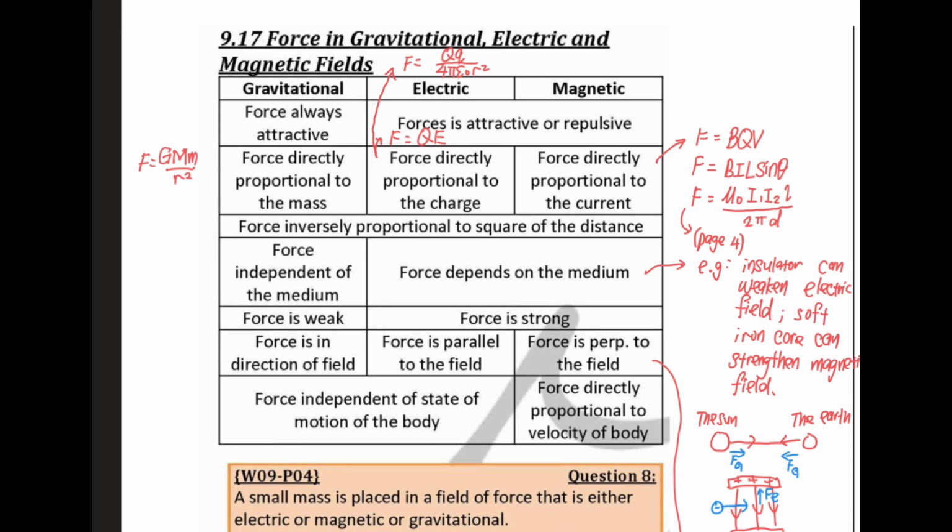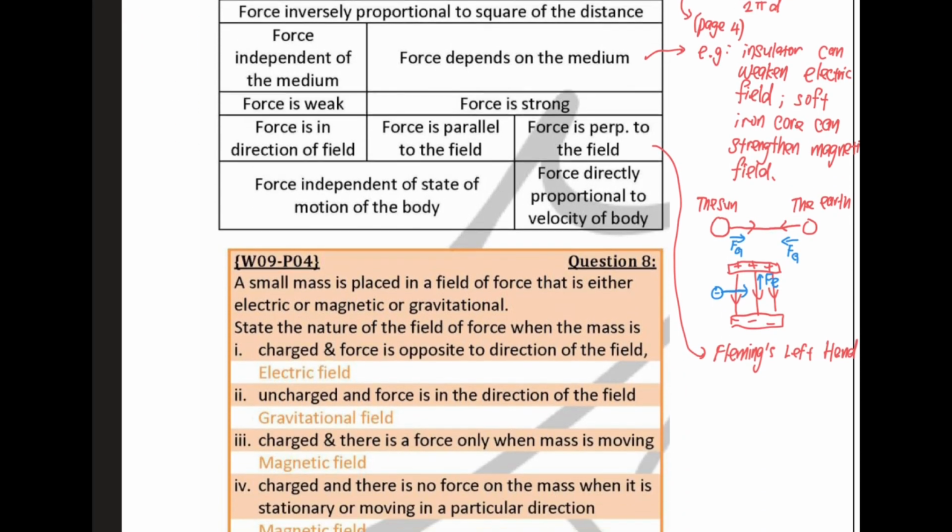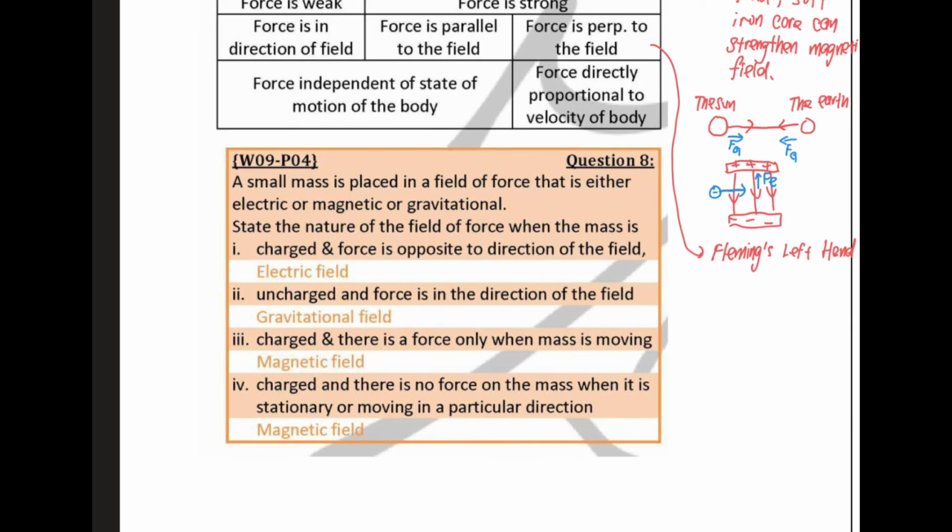Okay, now let's move on. The third one. Okay, number 3. Charged, and there is a force only when the mass is moving. So the mass is moving, that means velocity.